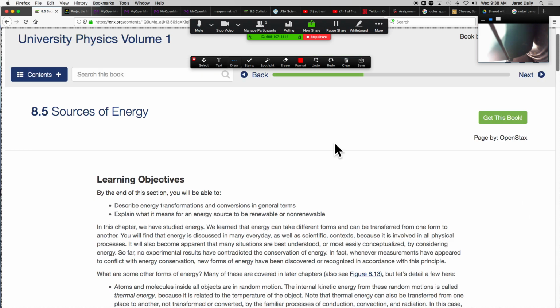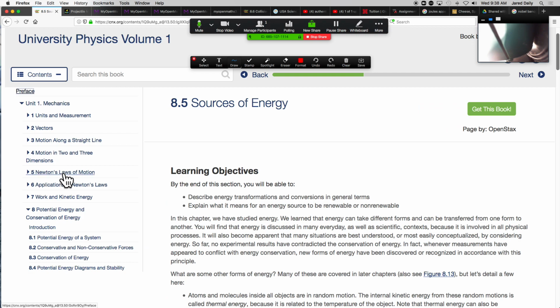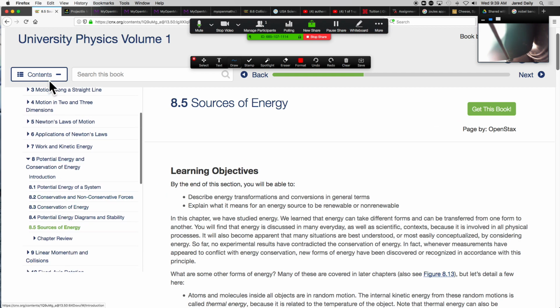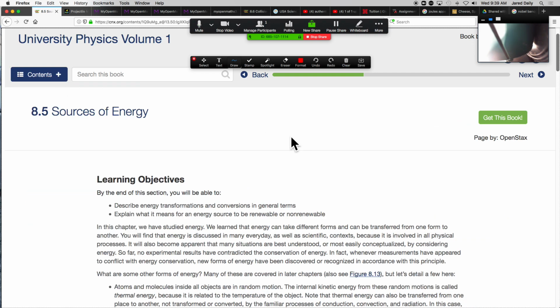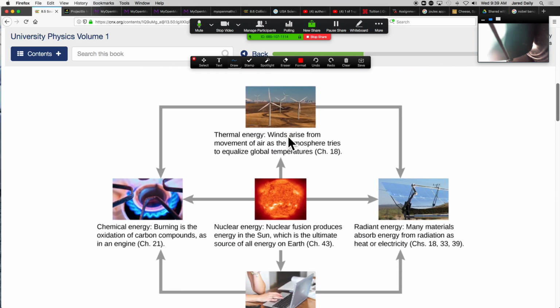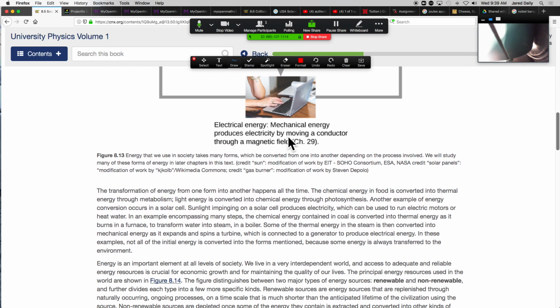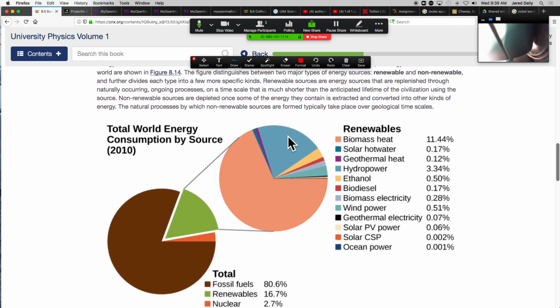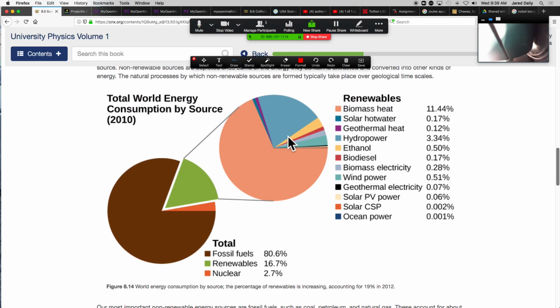All right. So the last section of this chapter, and the last section of all these chapters for some reason, is sources of energy. I don't really think this belongs in a physics book, because this is more like geopolitics and engineering, but whatever.